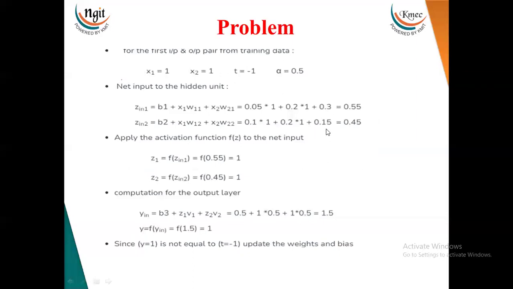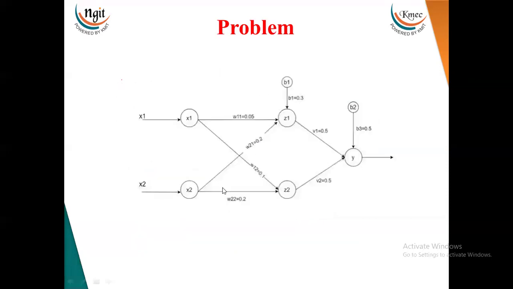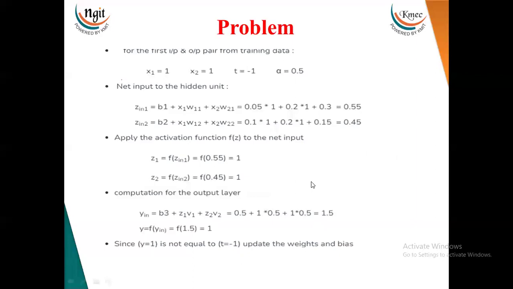So B2 is 0.15 plus x1, which is 1, times w12. If you see the diagram, w12 is 0.2. So from these values, it will be 0.15 plus 0.2 into 1 plus 0.1 into 1. So I'll get 0.45.